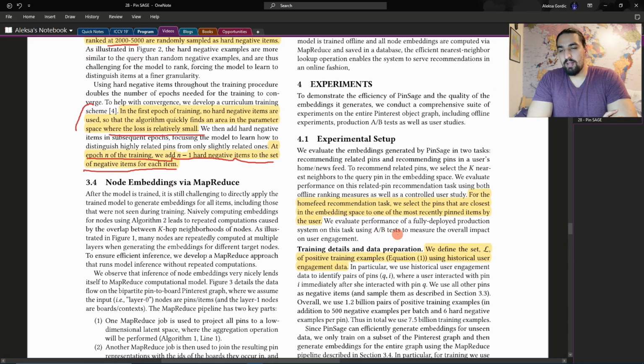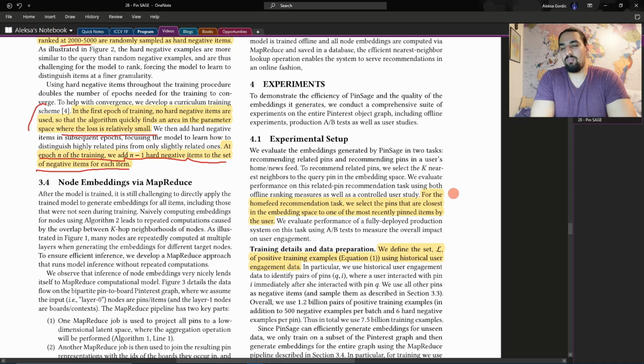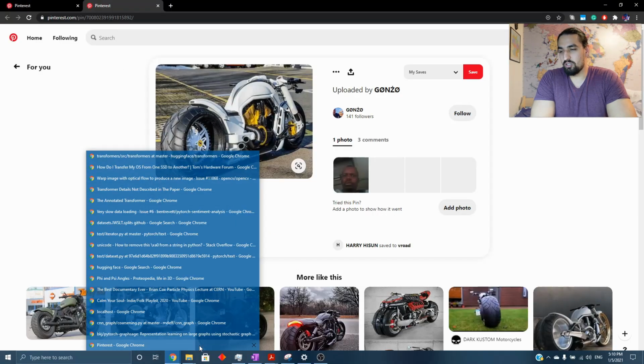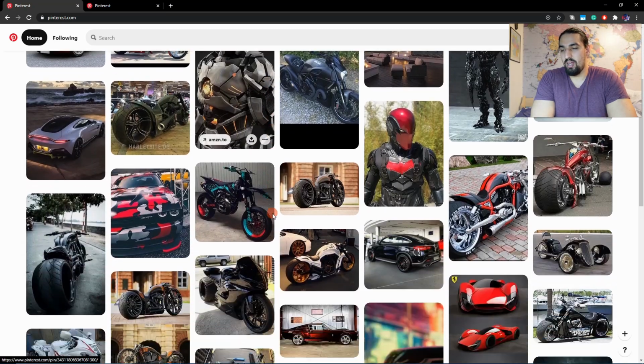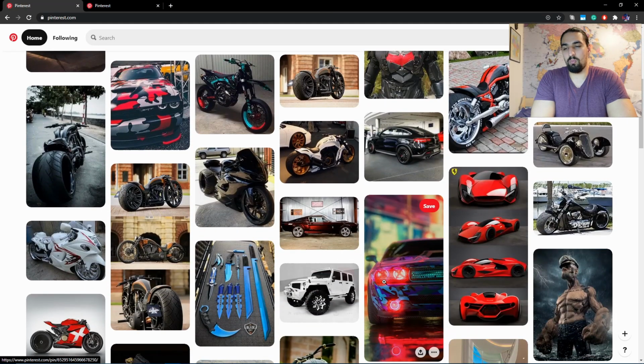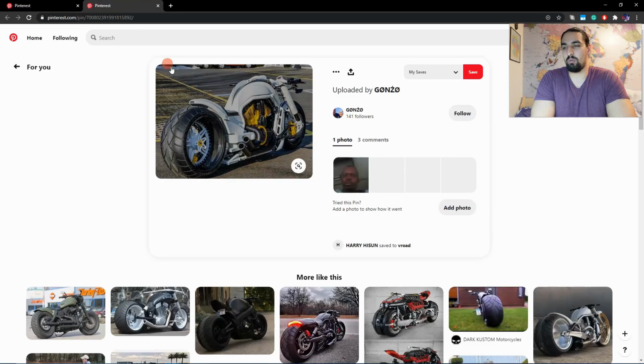So again, just a fun fact. For the home feed recommendation task, we select the pins that are closest in the embedding space to one of the most recently pinned items by the user. And if you remember, I initially showed you that I have a bunch of cars here, and motorcycles now, because I was interacting with a motorcycle.